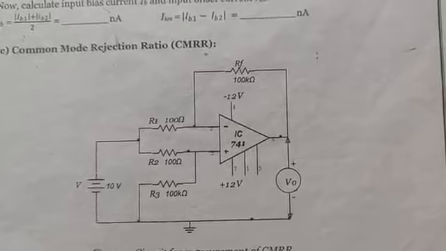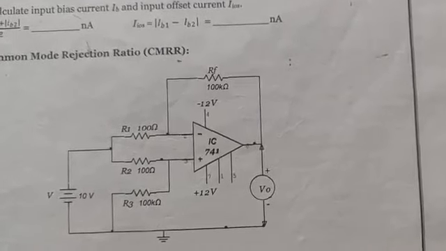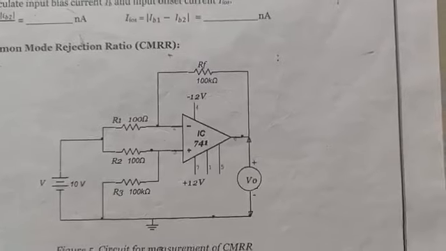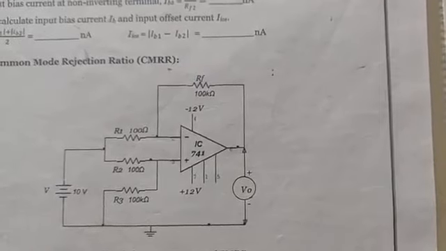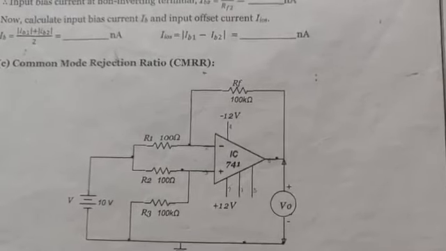RF resistance of 100K is connected to the output, and we are measuring the output voltage. This is the way the circuit has to be connected.